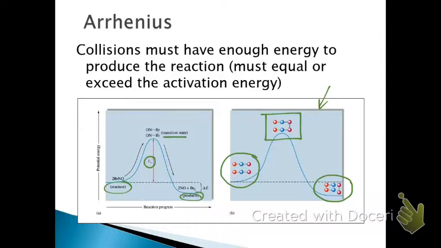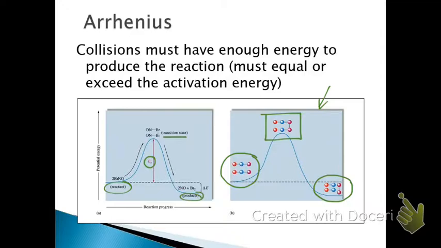The transition state in the middle here doesn't look exactly like the reactants, but it doesn't look exactly like the products either. What's happened here is the reactants have collided with the appropriate amount of energy, and new bonds are starting to be formed. Okay, but the process isn't totally complete because I'm not just like my products yet. It's sort of a hybrid.